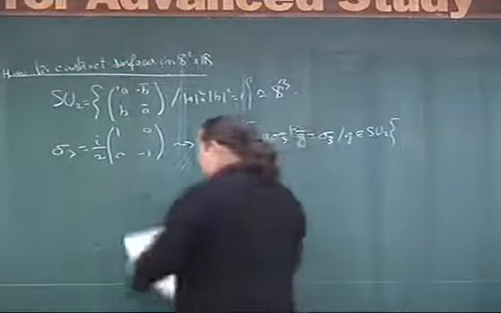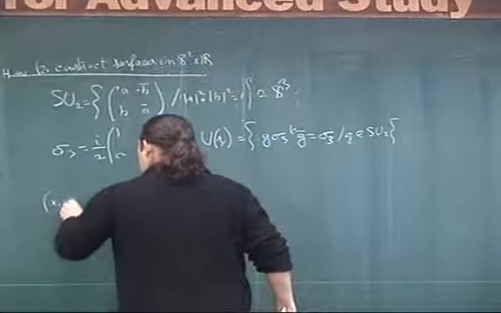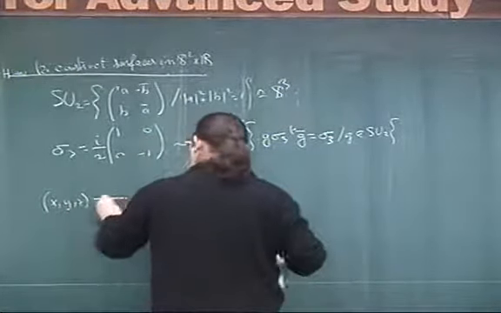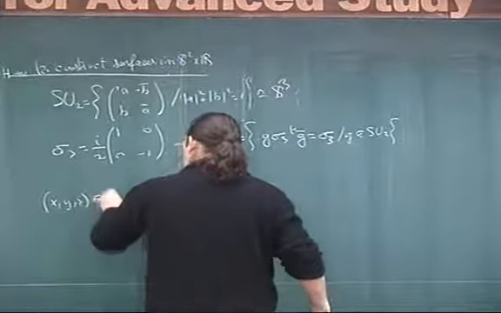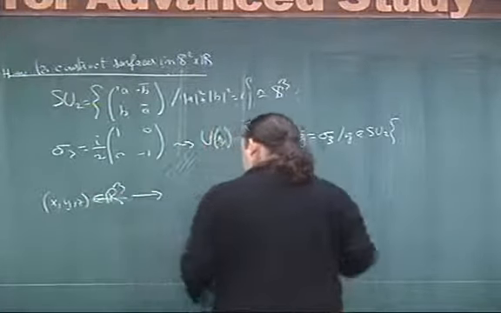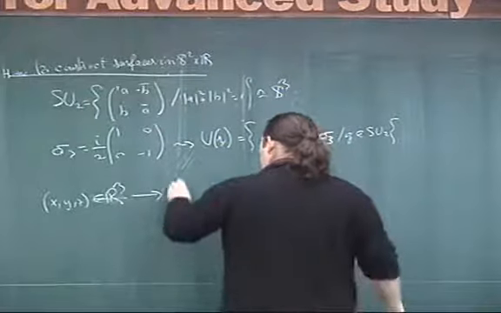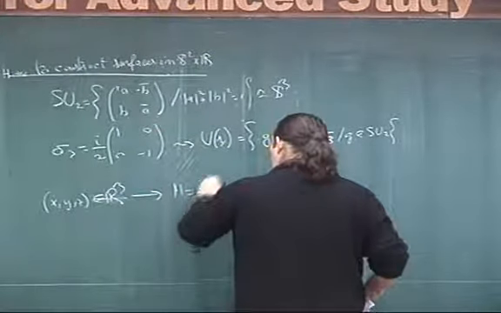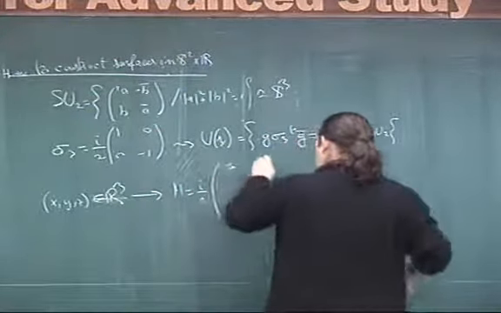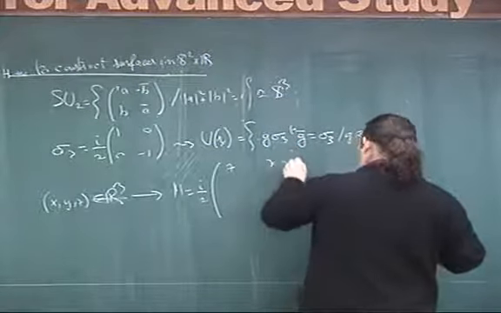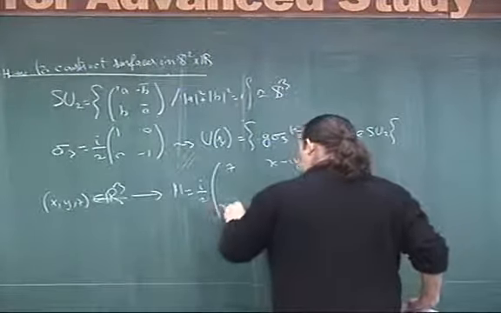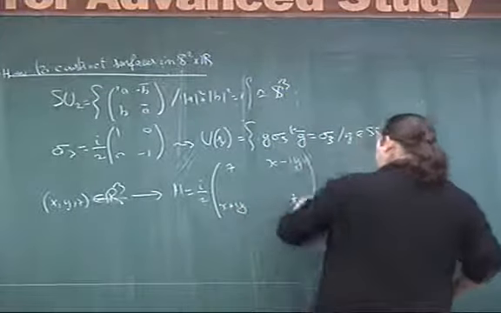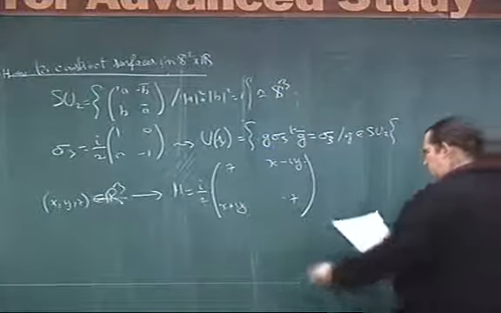I refer that if (x, y, z) is in R3, I have the identification with a matrix M in su2 with entries iz, x minus iy, and minus iz.